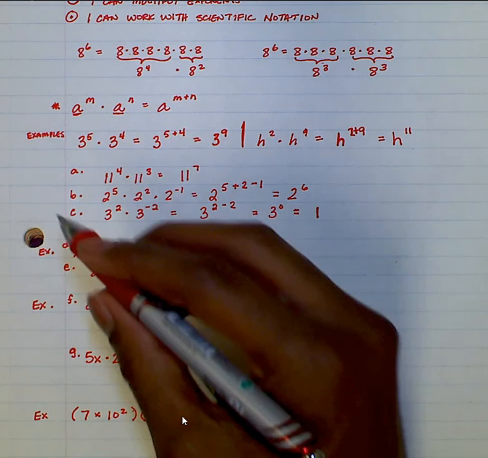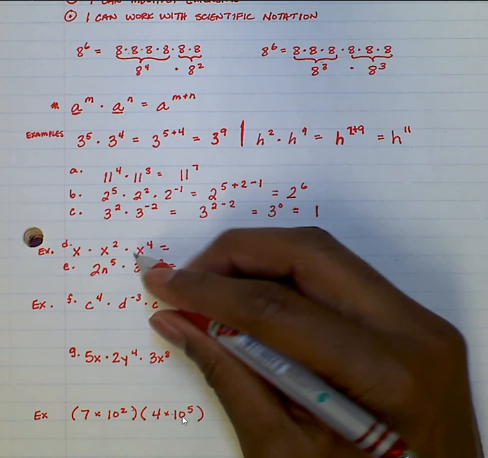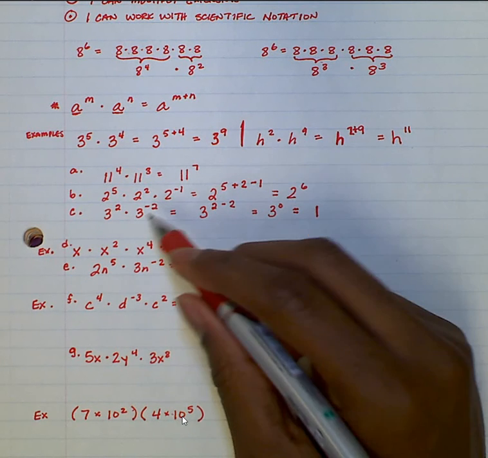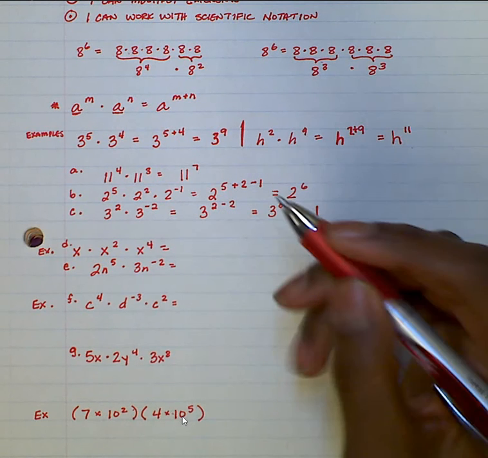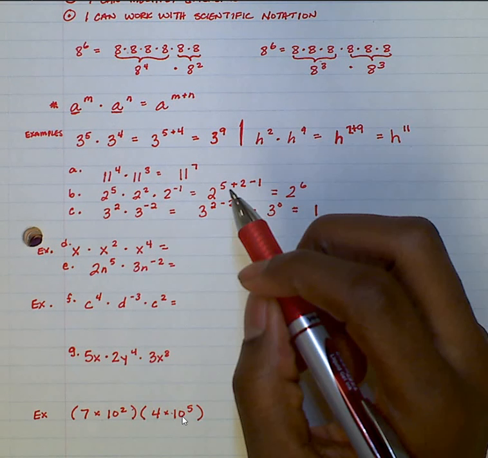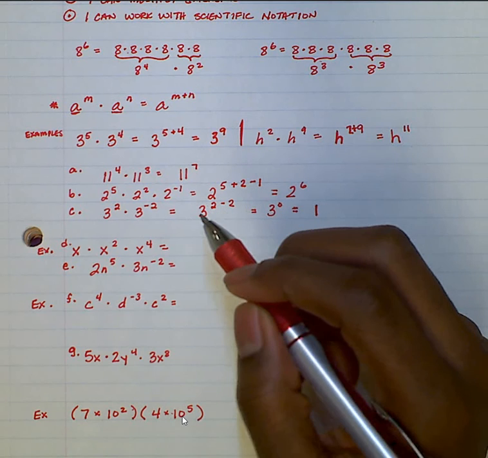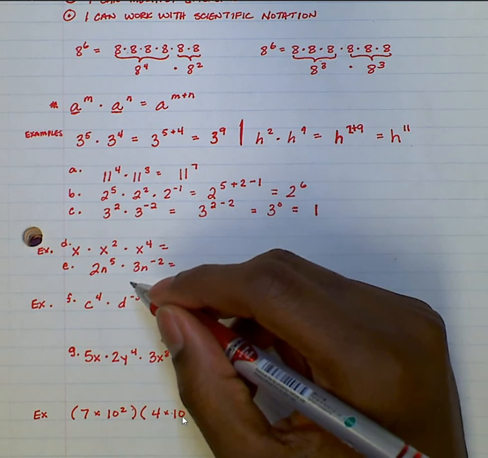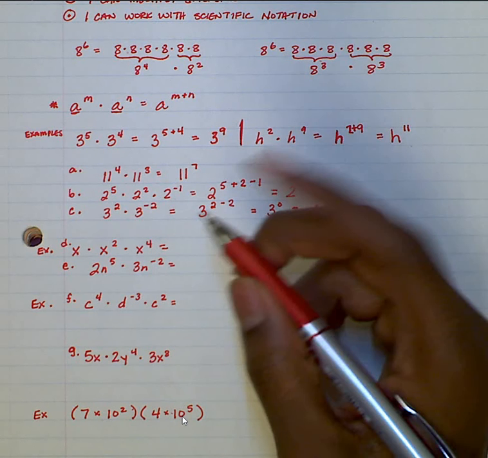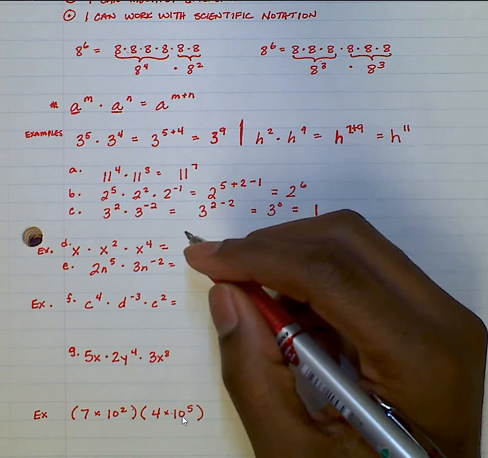Alright, so fourth example, we have x times x squared times x to the fourth. Now this is a problem that's commonly missed, and here's why. There's no exponent written here. But anytime there's not an exponent written, that means it's to the first power. Because 1 is a number that we just don't write a whole lot, we just understand it should be there.